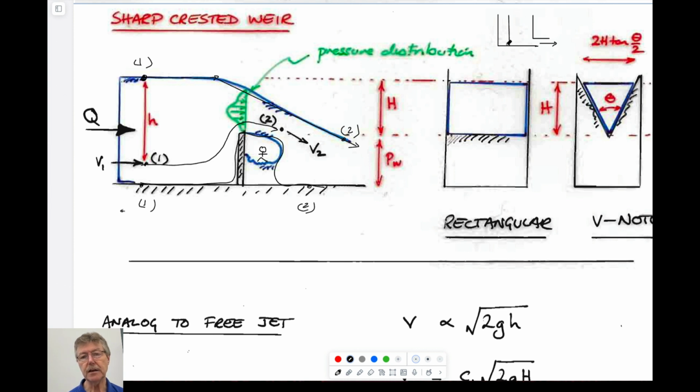And we know that in this particular case, if this is Z, then V2 is equal to root 2gz, yeah. This term here. And so you know that for a free jet, it's going horizontally.